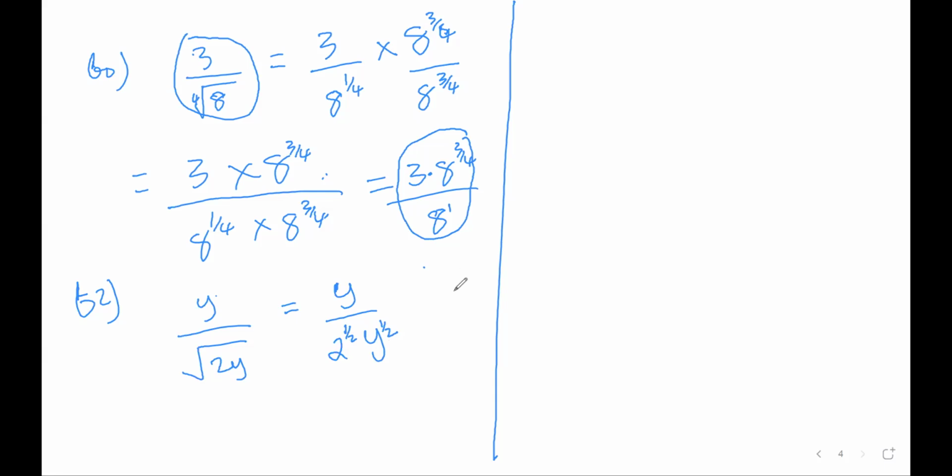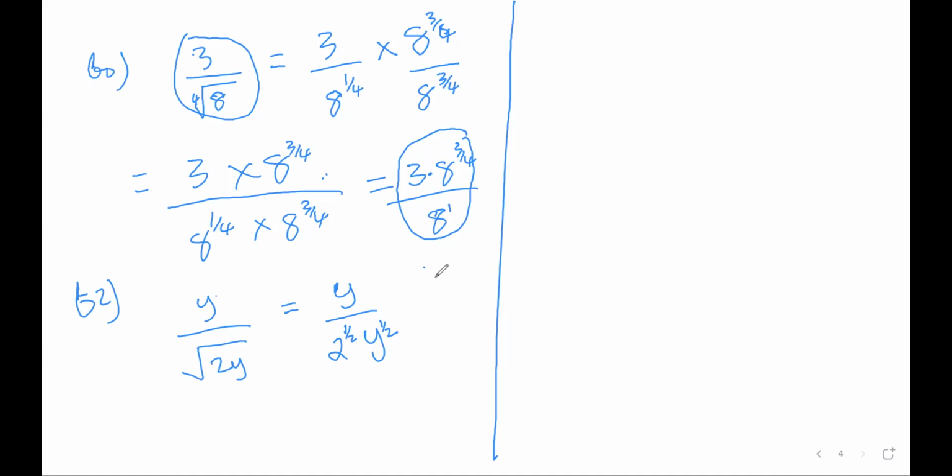So I ask myself, what do I need to add to these powers to make it 1? Because if this power becomes 1, this expression will no longer be a radical, but a whole number, all right? Which is what I want, because rationalizing simply means remove all radicals from the denominator without changing the fraction.